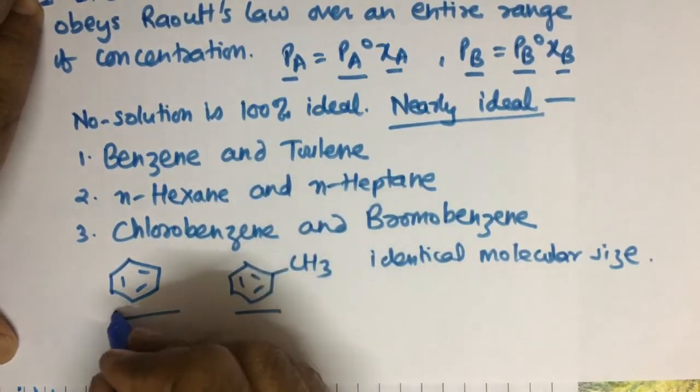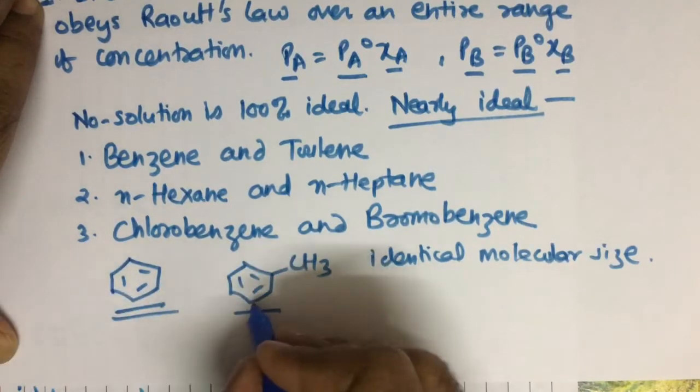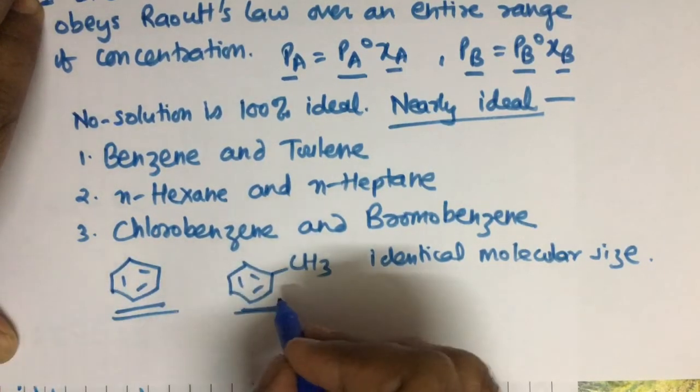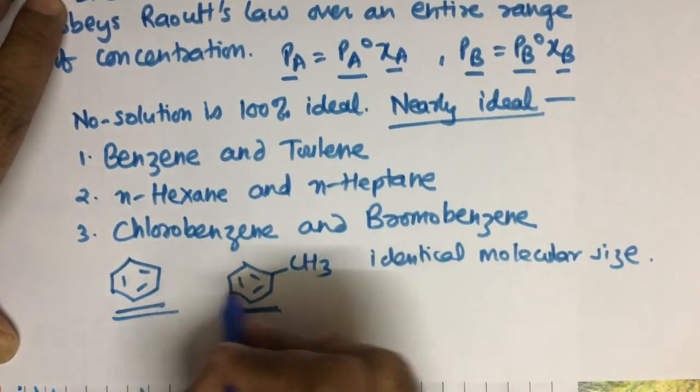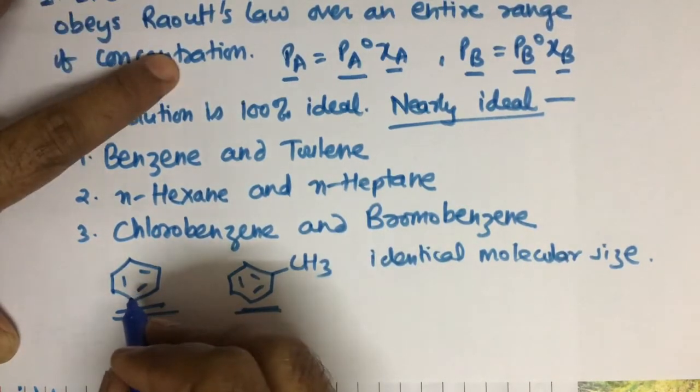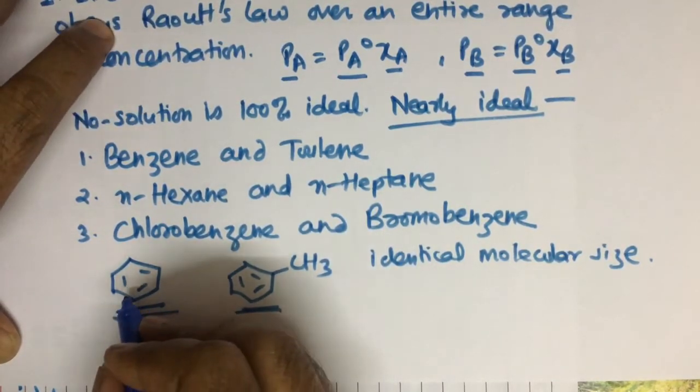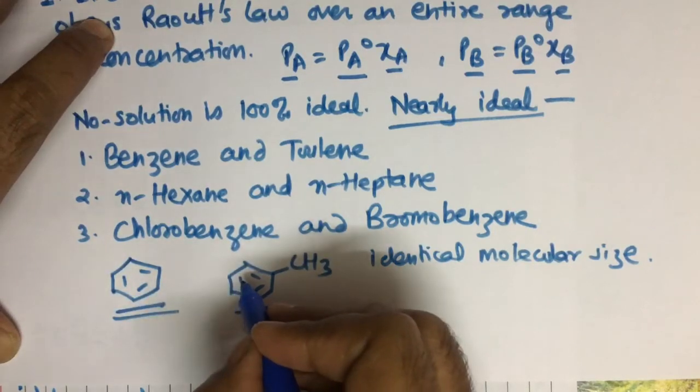The intermolecular forces between two benzene molecules and in between two toluene molecules is same as the intermolecular forces between a molecule of benzene and a molecule of toluene.